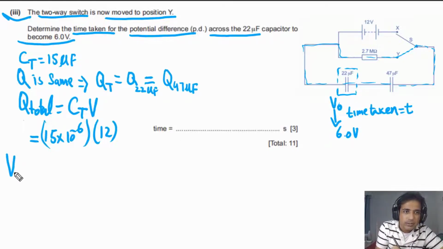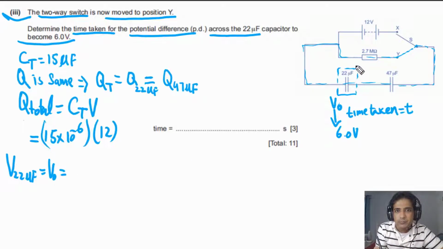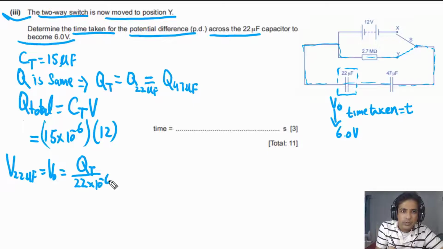V across the 22 microfarad capacitor, initially, is equal to V naught. This is the initial potential difference across this capacitor, and that will be equal to Q total divided by the capacitance of 22 microfarad, meaning 22 times 10 to the minus 6, and Q total is equal to Q1 as well.